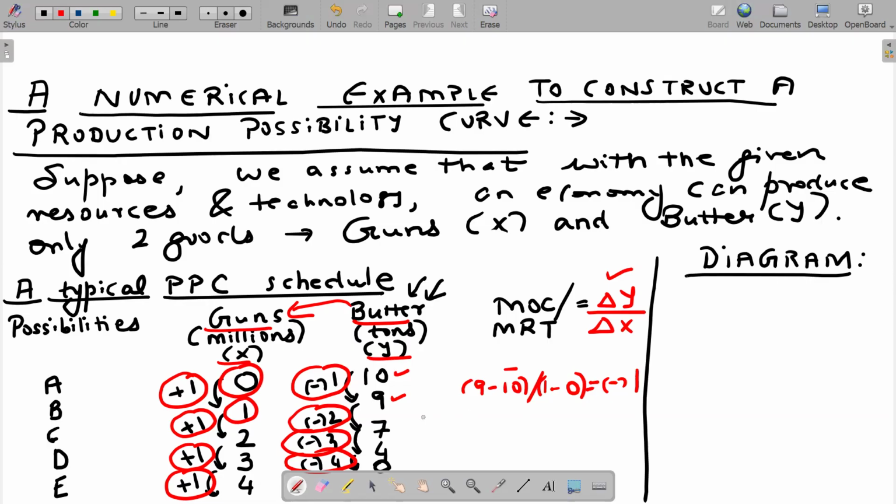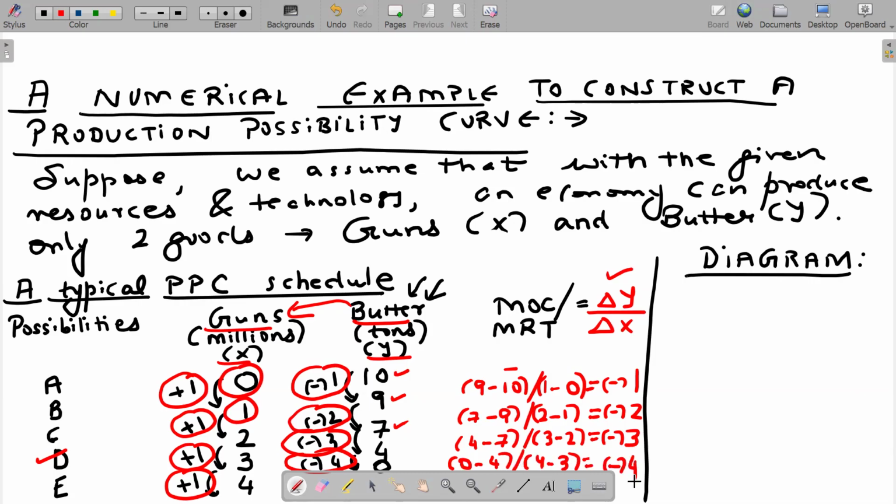Then it's going to be 7 minus 9 over 2 minus 1, which gives me minus 2. Then for possibility D, it's 4 minus 7 over 3 minus 2, which is minus 3. For the last one, it's 0 minus 4 over 4 minus 3, which is minus 4.